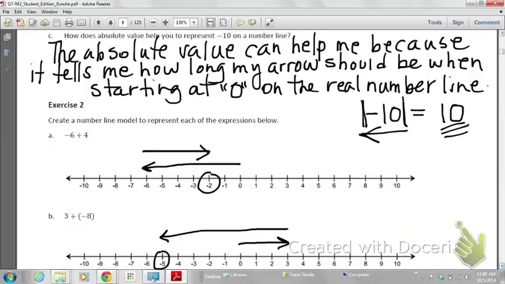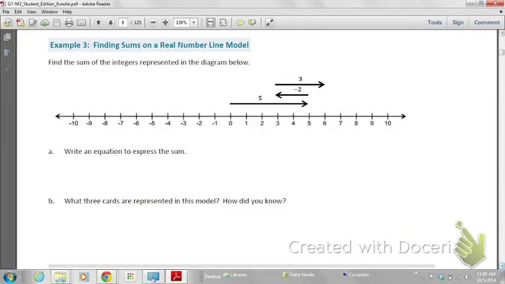Alrighty, so let's continue on. Here's example 3: finding sums on a real number line model. See, here's also how this curriculum works.